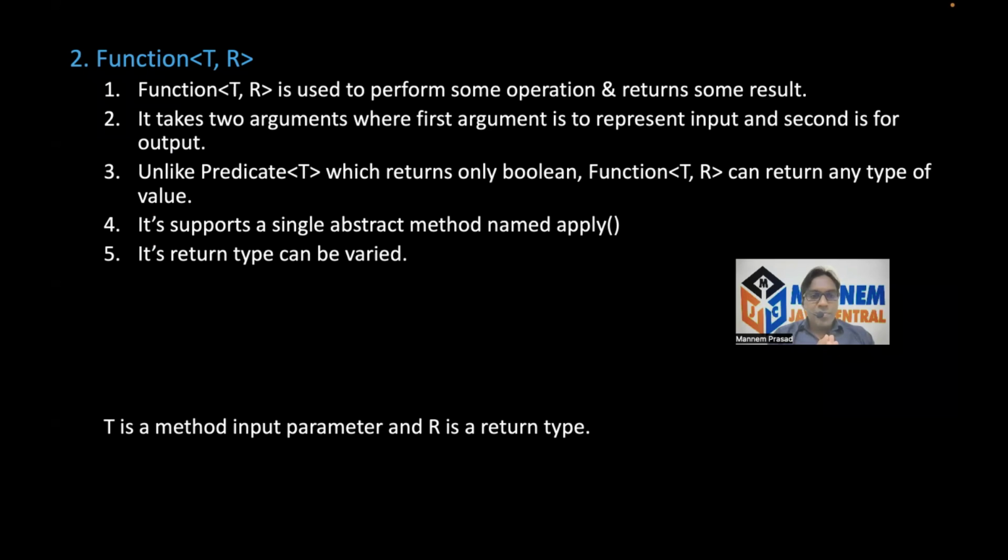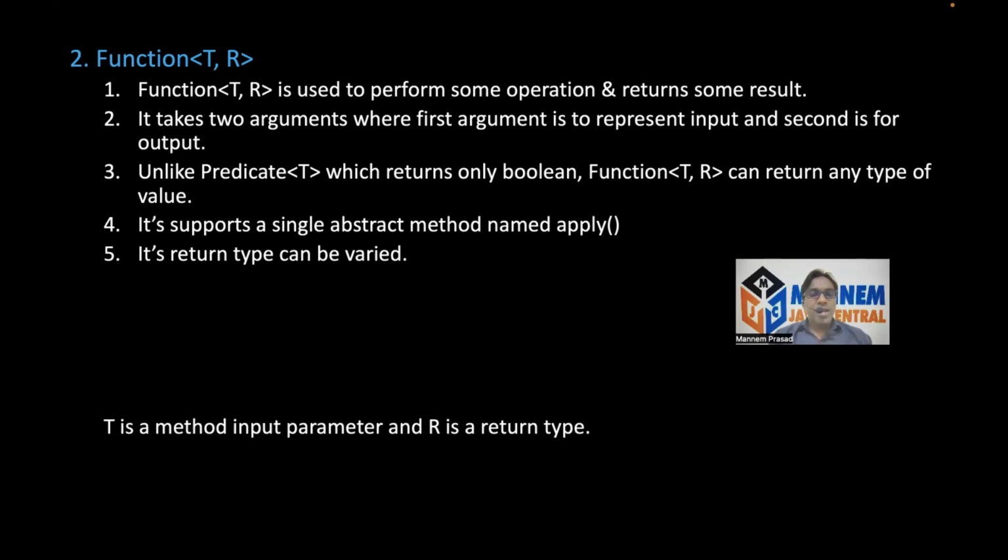It takes 2 type arguments, where the first is to represent the input and the second is for the output. It is used to perform some operation, and after doing that operation it will give some result. Unlike predicate, which returns only boolean, function can return any type of value.